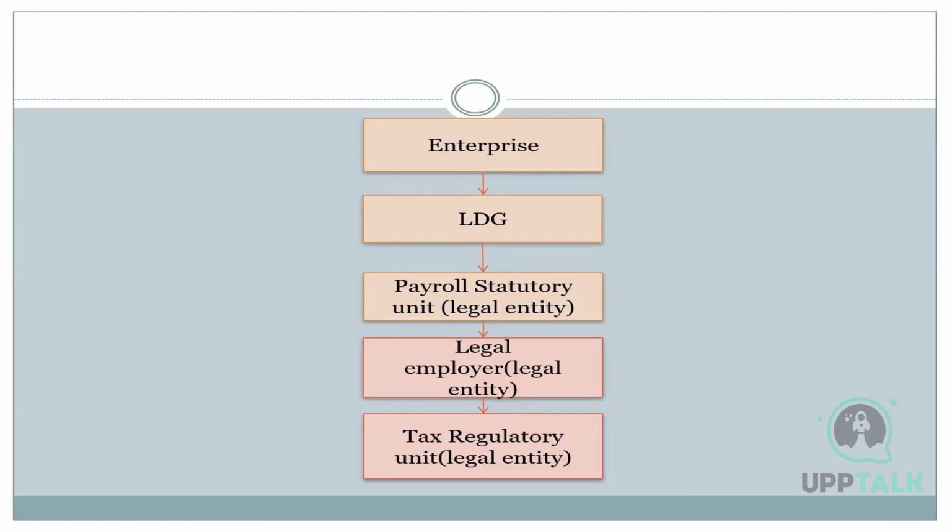So when you are operating in a country, every country has a legislative data group. If we are talking about India, then India has India LDG, Japan has Japan LDG, China has China LDG. So this is the way we LDG. I'll tell you later on.